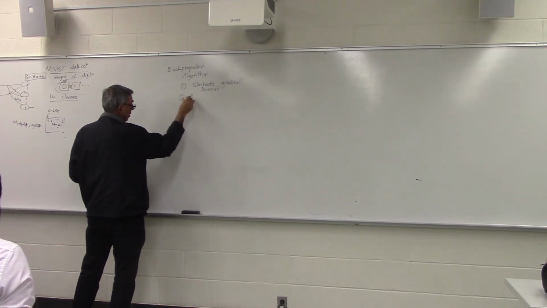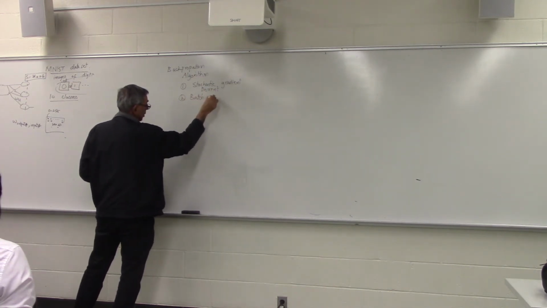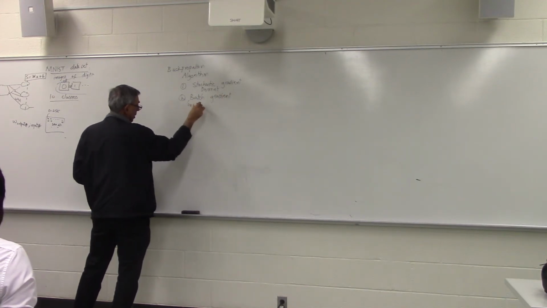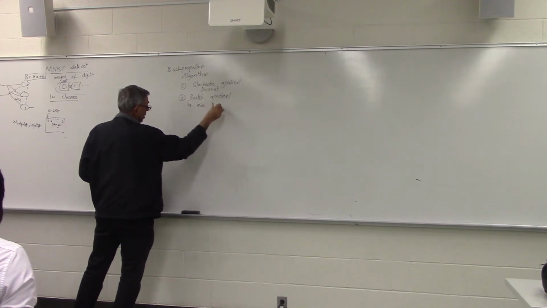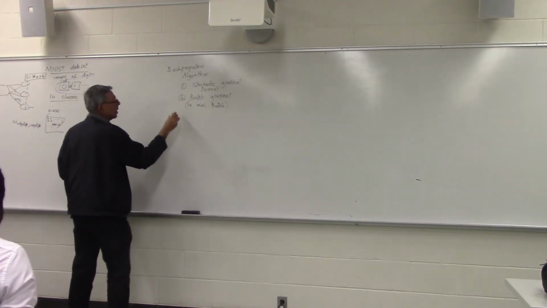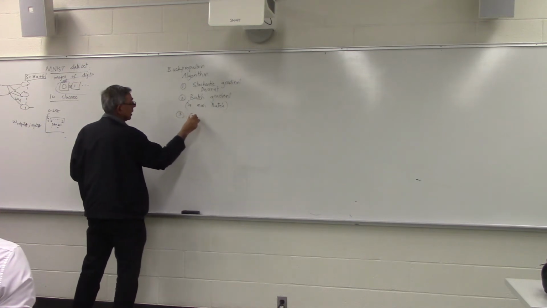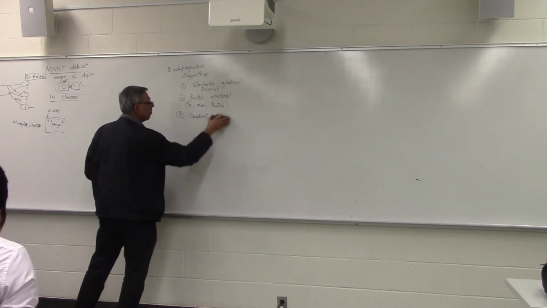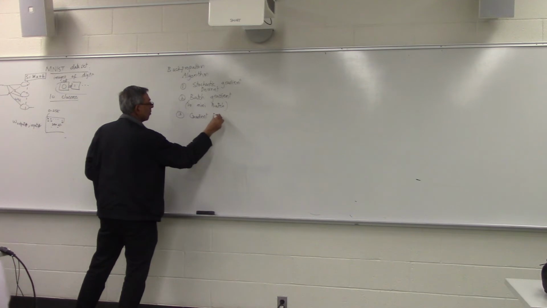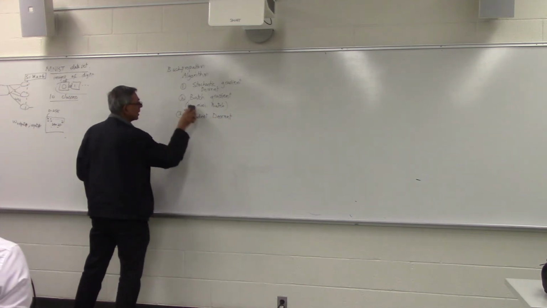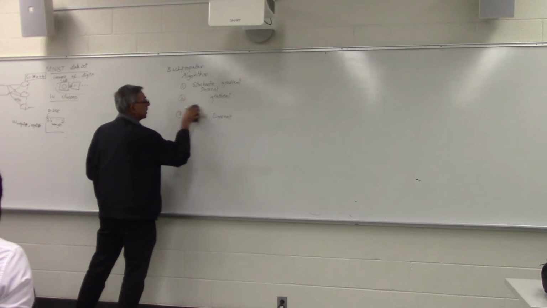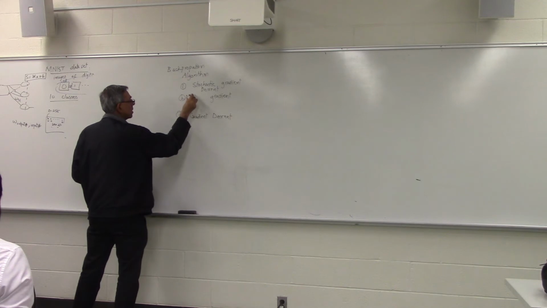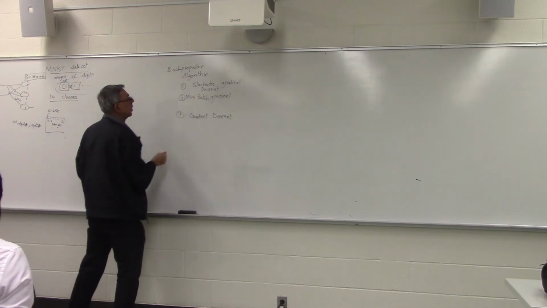One is called batch gradient descent, or sometimes called mini batch. And the third one is simply gradient descent. Actually, let me just call it mini batch so that there's no confusion.